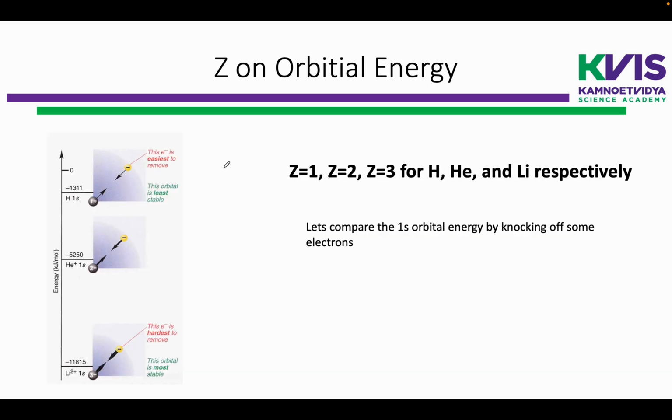Let's look at another important concept. This is the nuclear charge on your electron in your atomic structure. For example, if I have a hydrogen atom and exactly one electron, this positively charged 1+ charge will attract the electron towards the center.